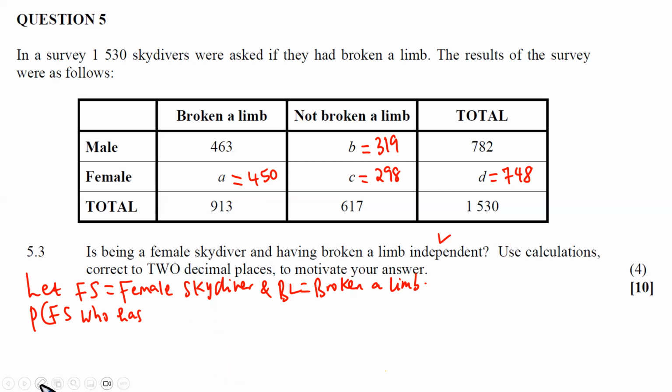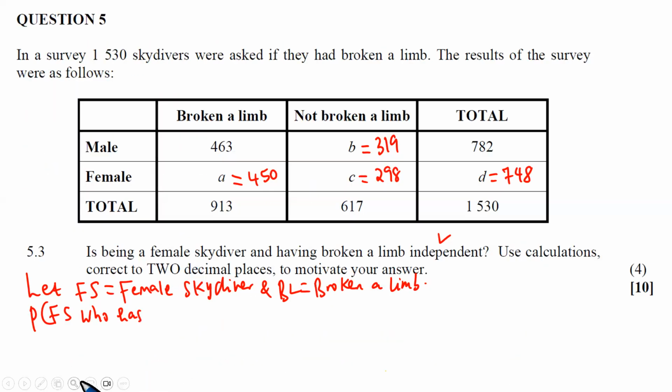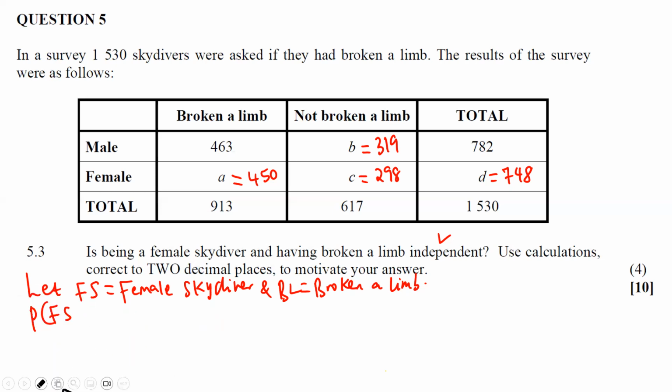Right, so it's being a female skydiver having broken a limb. Are these actually independent events? So let me write it as follows and say, we are looking at a female skydiver and broken a limb.